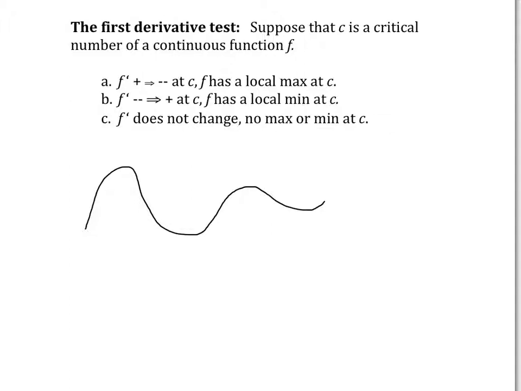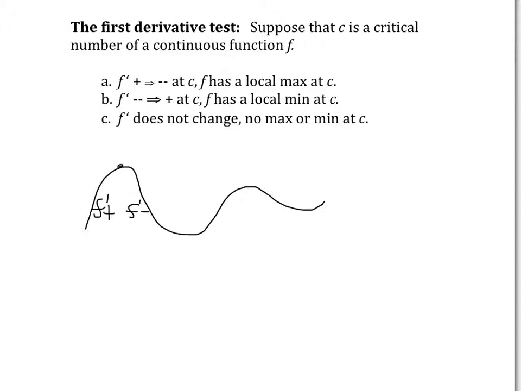Every time you hit a maximum point, what is going on to the left and to the right of it when you have those locals? When it's a maximum, your graph was increasing and then it starts to decrease. Doesn't that mean that f prime is positive and then f prime is negative?